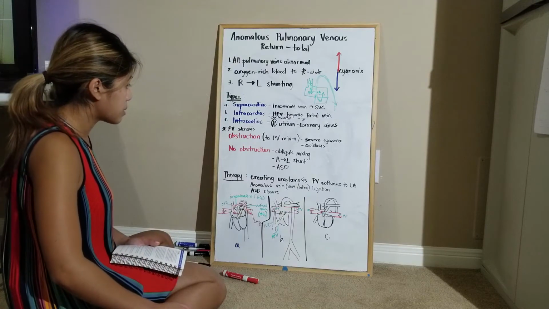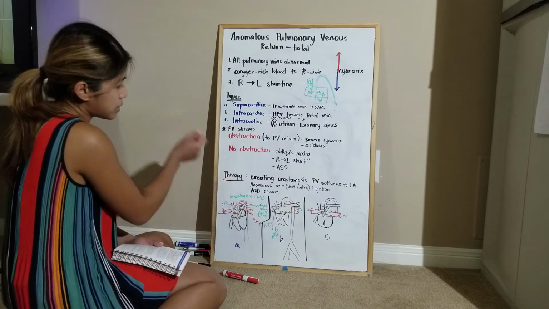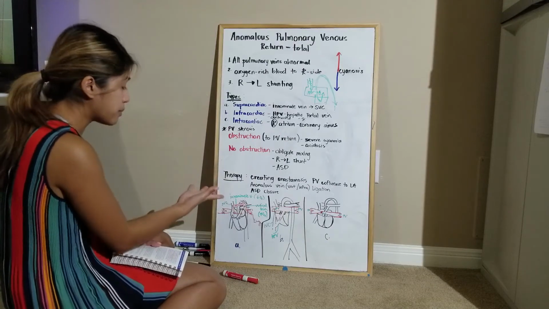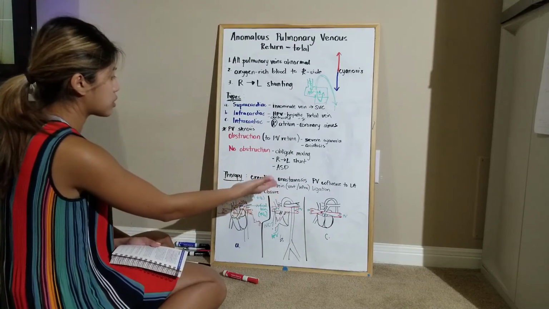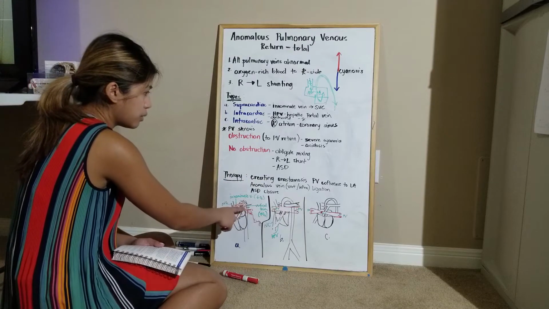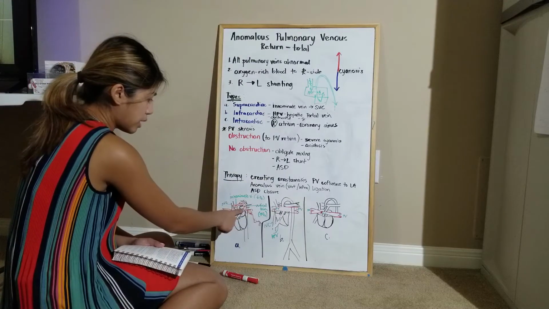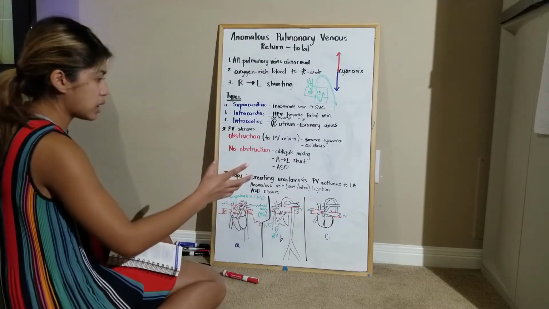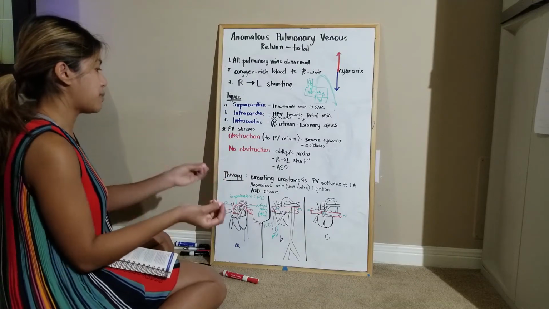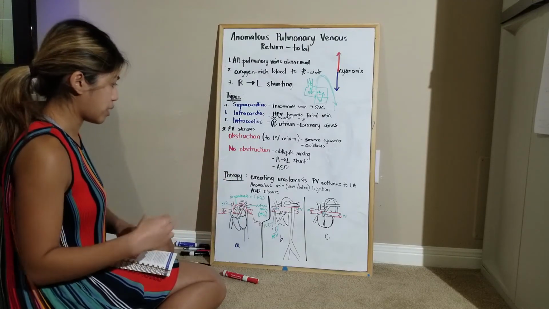Therapy for this is surgery. It's creating an anastomosis of the pulmonary vein confluence to the left atrium. So basically, we are connecting our pulmonary veins back to where they should be connected, the left atrium.